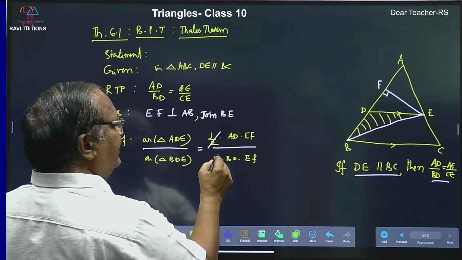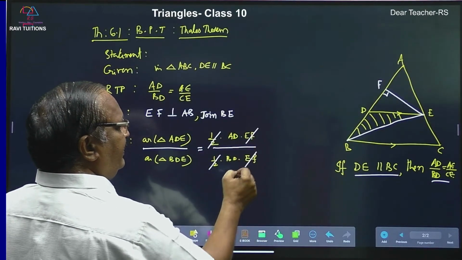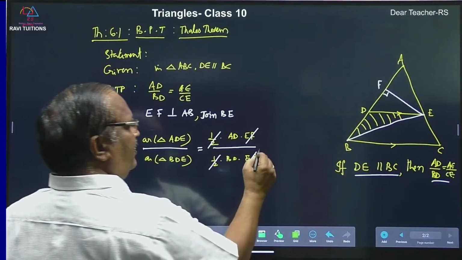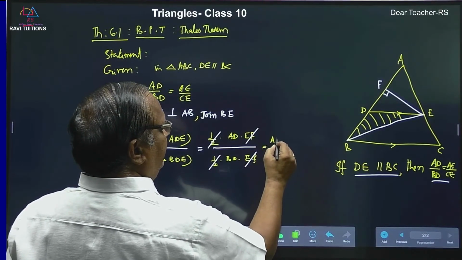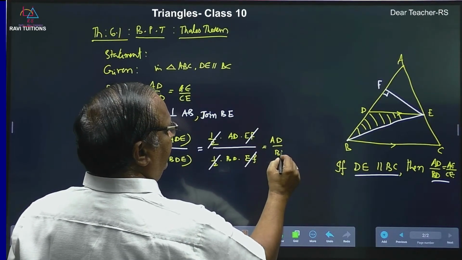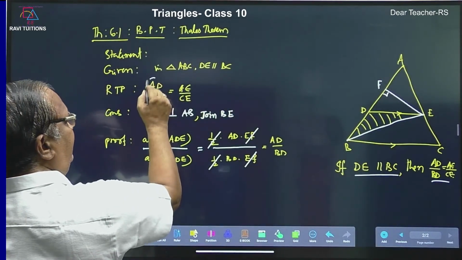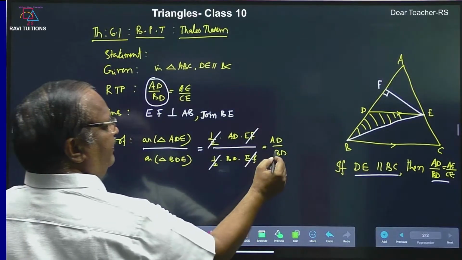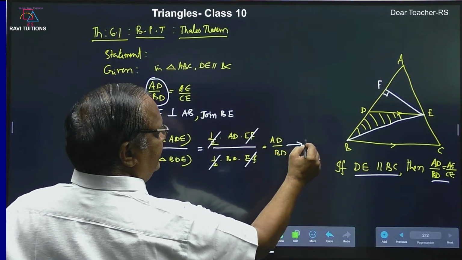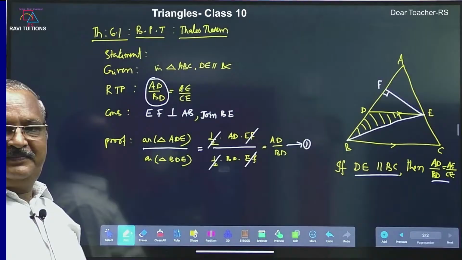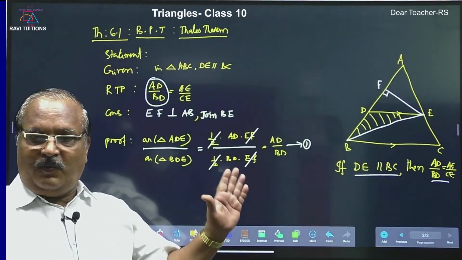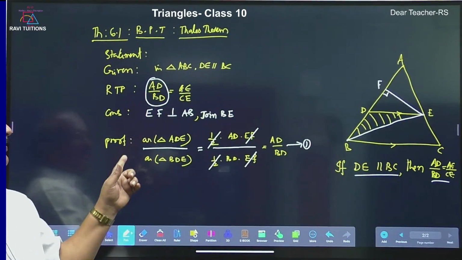Halves will get cancelled and EFs also will get cancelled. So then what you are going to get? AD by BD. This is nothing but the left hand side of RTP. Let us say this is the first equation. Now we have got the left hand side of RTP.